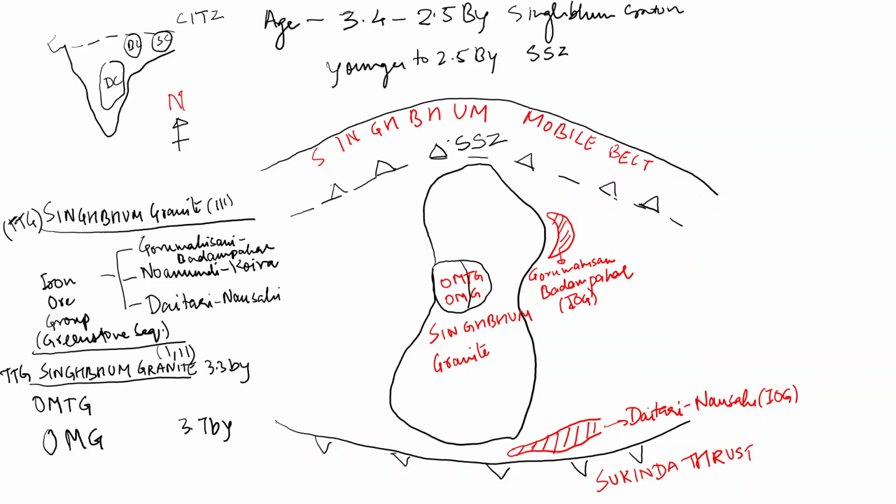And the third one is on the western portion. It's exposed like this. This is the Noa Mundi Koira. It's again iron ore group. Okay. All right. So I hope you are following here till now.